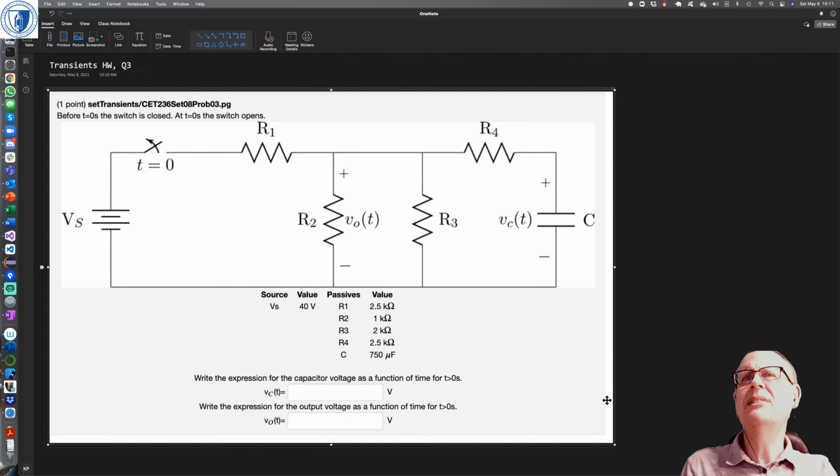So let's have a look at it. Before t equals 0 seconds, the switch is closed. At t equals 0 seconds, the switch opens.